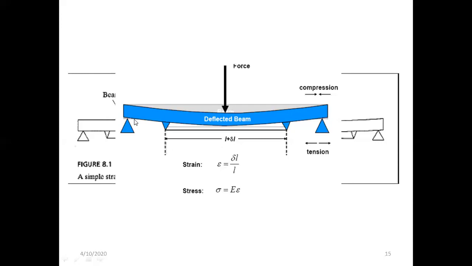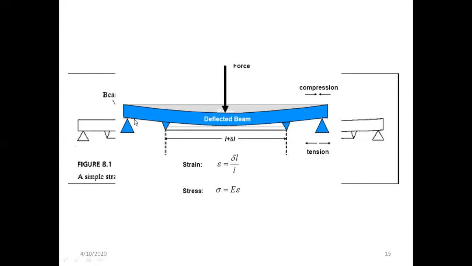In the above case, the strain on the lower surface will be tensile and above it will be compressive. So the stretching of wire in one portion and shrinking of wire in the other portion will give us strain, serving as a strain indicator.